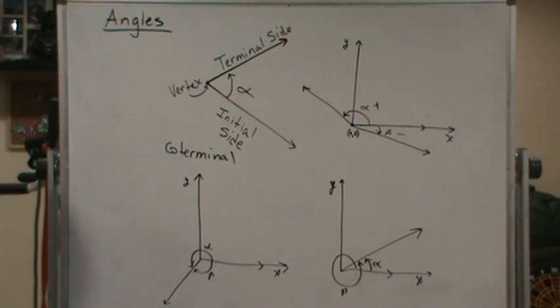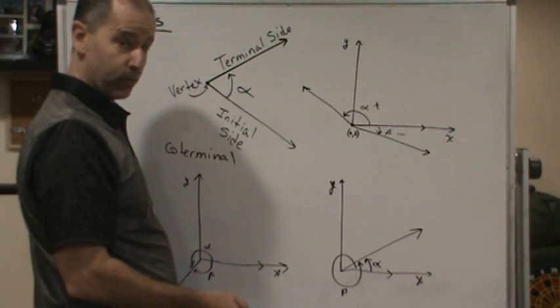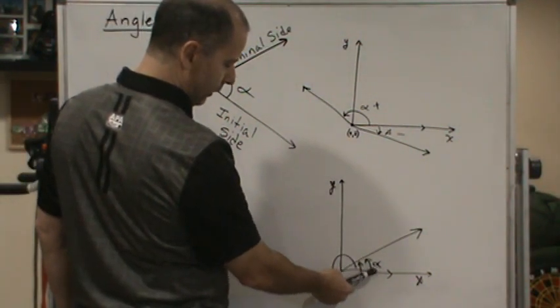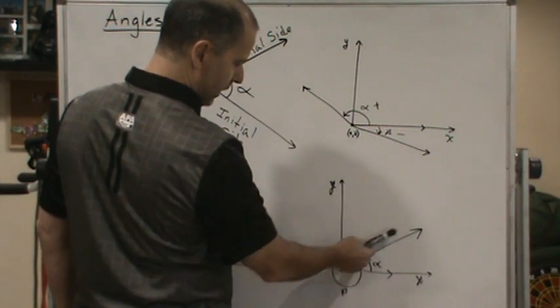Okay. Likewise, we could do something like this. This is another example of coterminal angles. Here's angle alpha, which goes from the x-axis rotated up to the terminal side here.